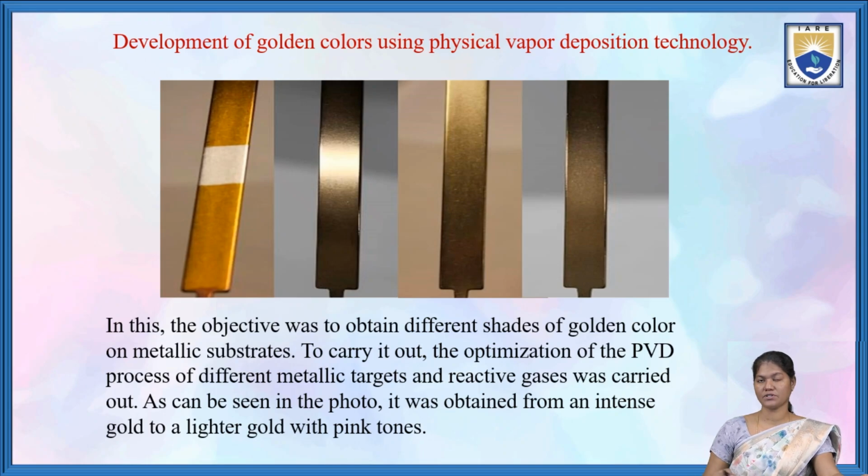That technique is used by Nanophase Technologies Corporation: development of golden colors using physical vapor deposition technology. In this, the objective was to obtain different shades of golden color on metallic substrates.